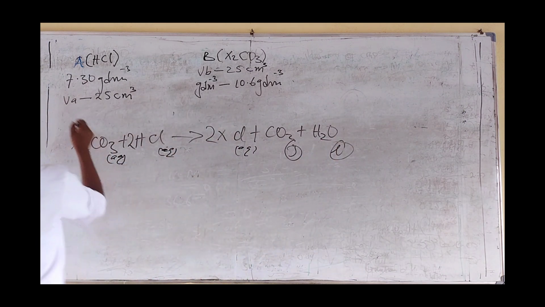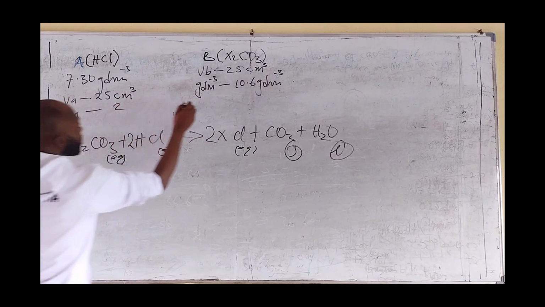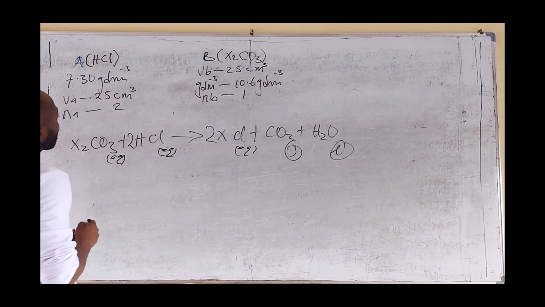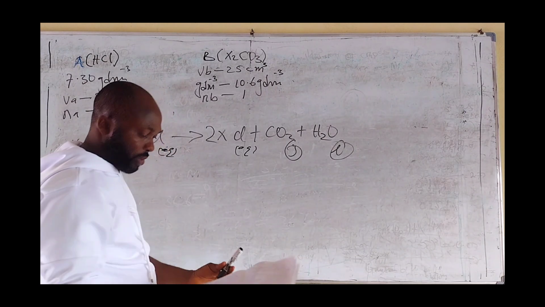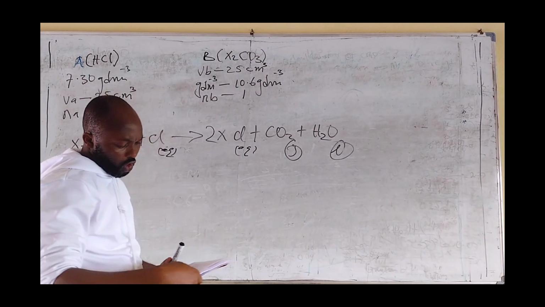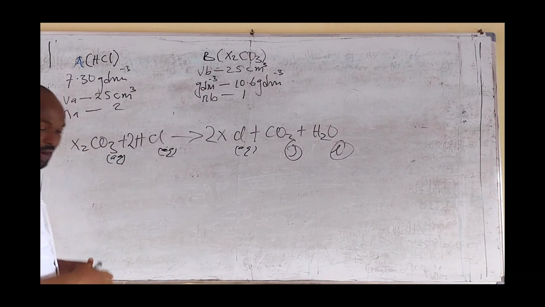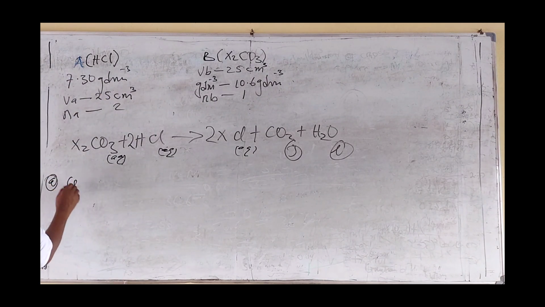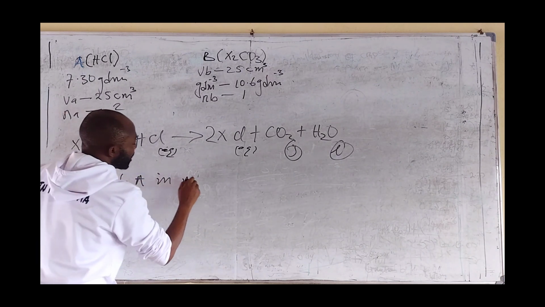So our number of moles of acid, Na, is 2. Number of moles of base is 1 from here. So from here they say we should get the concentration of the acid, that's the molar concentration. Let me confirm that: concentration of A in mole per dm cube.